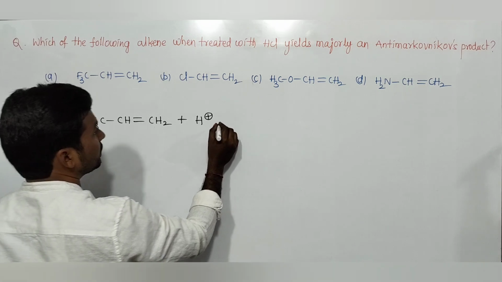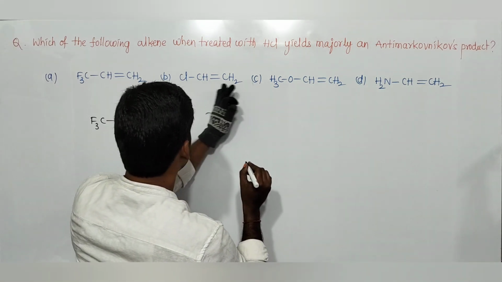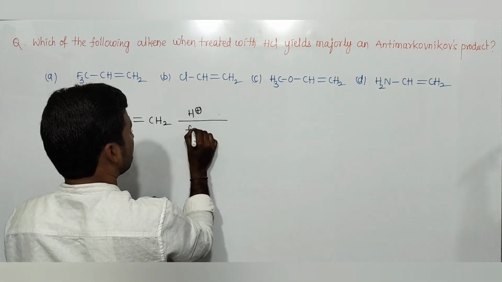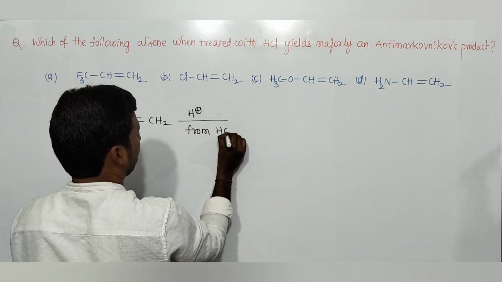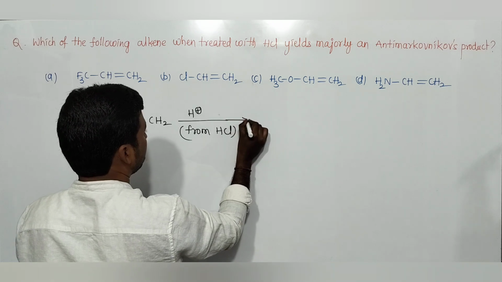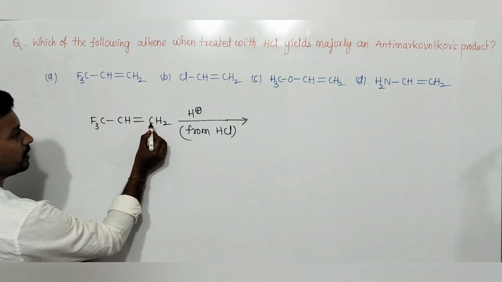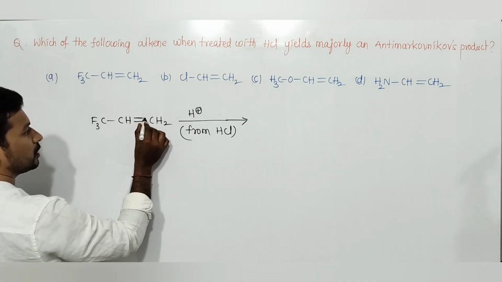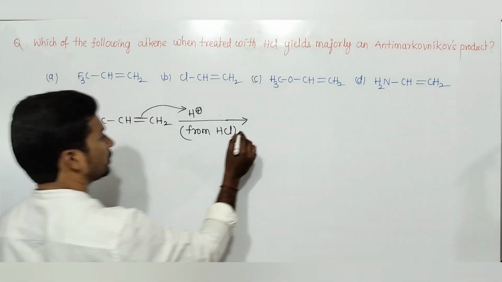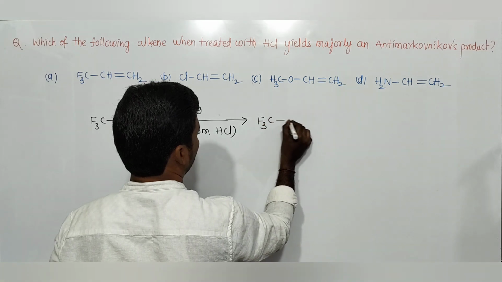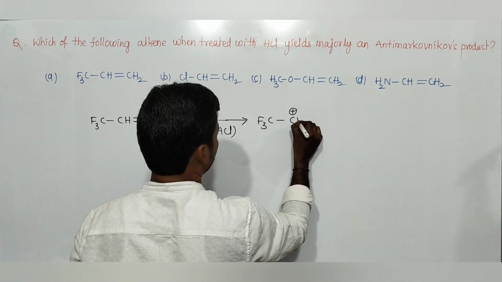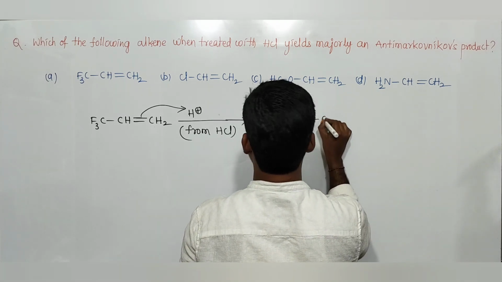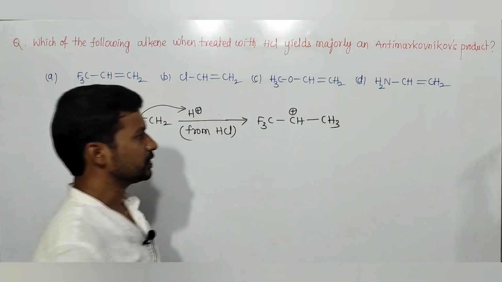Markovnikov's rule means in addition of HCl, H plus is added first, from HCl. If H is added here, that means these 2 electrons are taken by this carbon and given to that, then this carbon becomes positive, the double bond becomes a single bond, and CH2 becomes CH3. This is highly unstable.